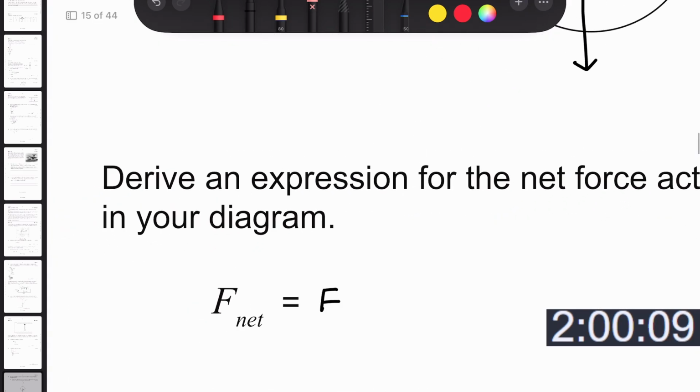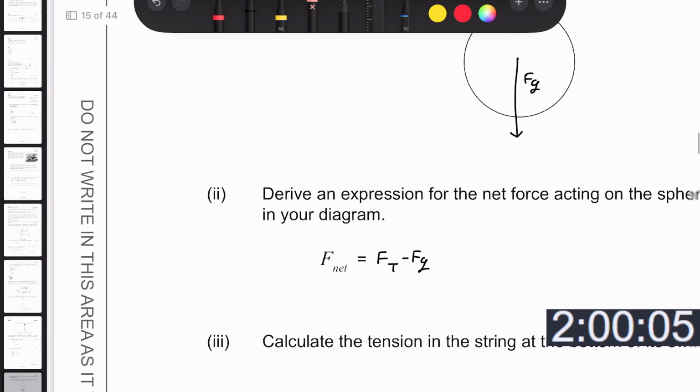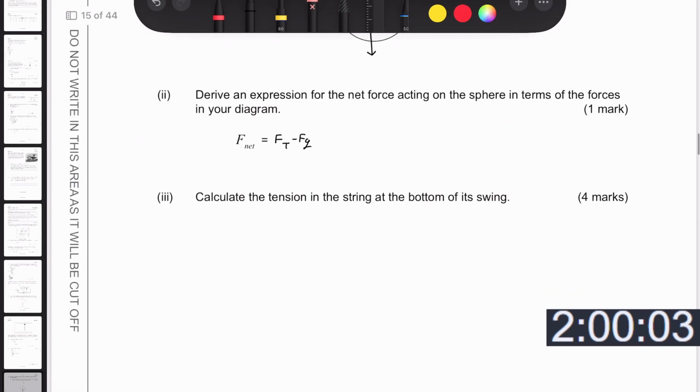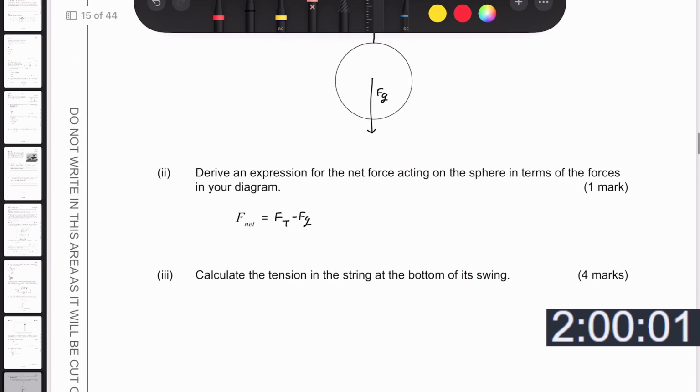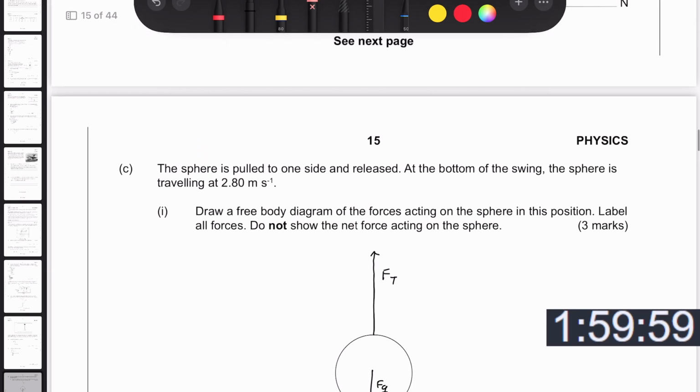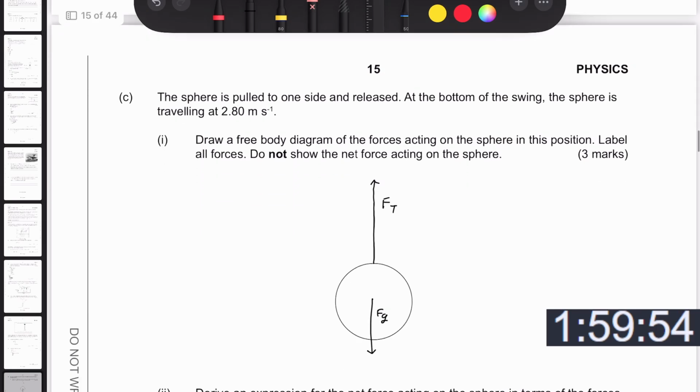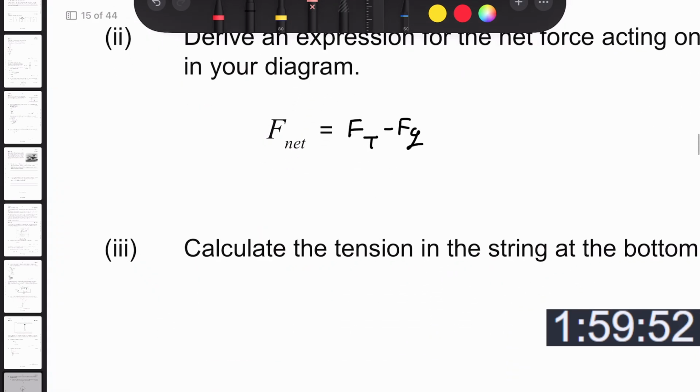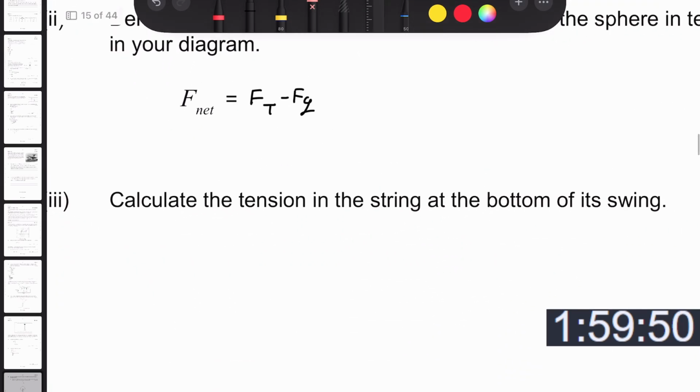Derive an expression for the net force acting in terms of the forces in your diagram. So net force is F of T minus F of G. Calculate the tension of the string at the bottom of its swing. So at the bottom of the swing, the sphere is traveling at 2.8 meters per second. Tension in the string.